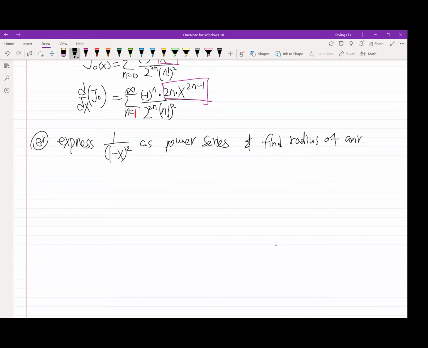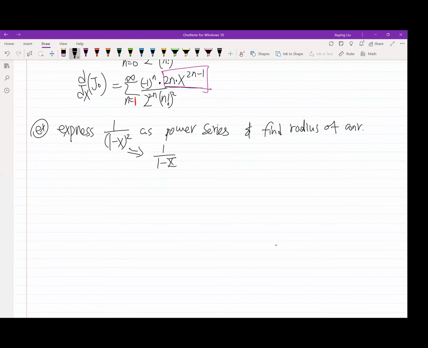So this is 1 over (1 minus x) squared. You can try to take this and write it as 1 over 1 minus capital X. Right? And it's not easy. I would say it's very difficult to do that because you have a square in the denominator. Even though it looks like a 1 minus x in the denominator, it has a square.